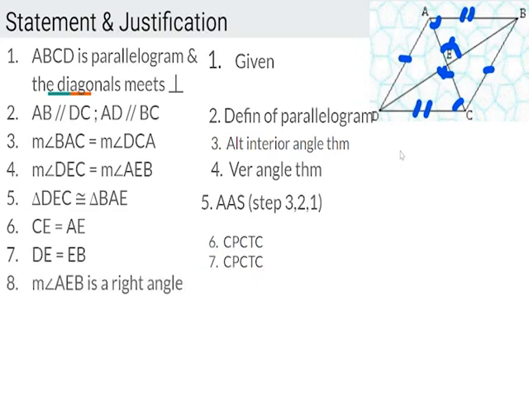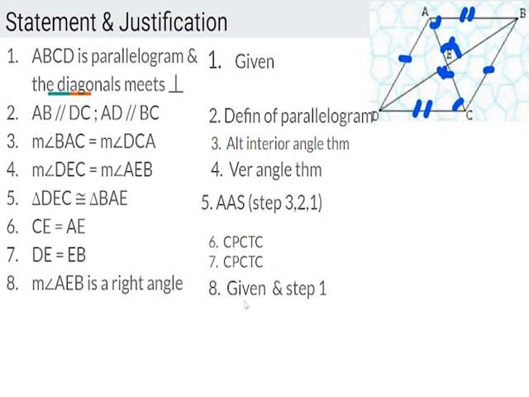Step 8, the measure of angle AEB is a right angle. Why is that? Think about it. You probably thought about it, and it's because of the given and also step 1.